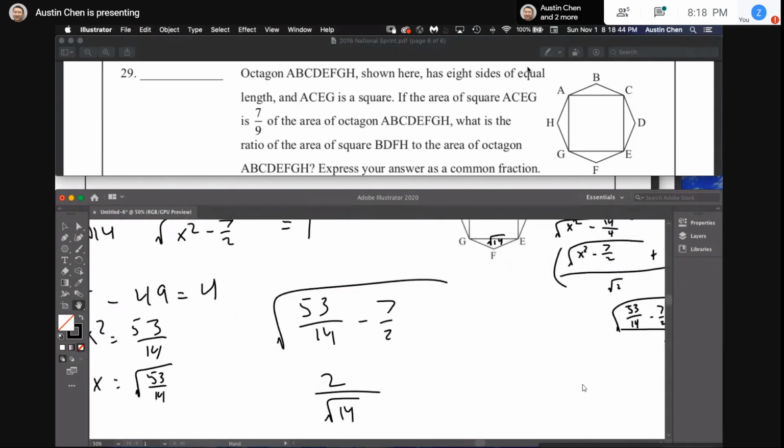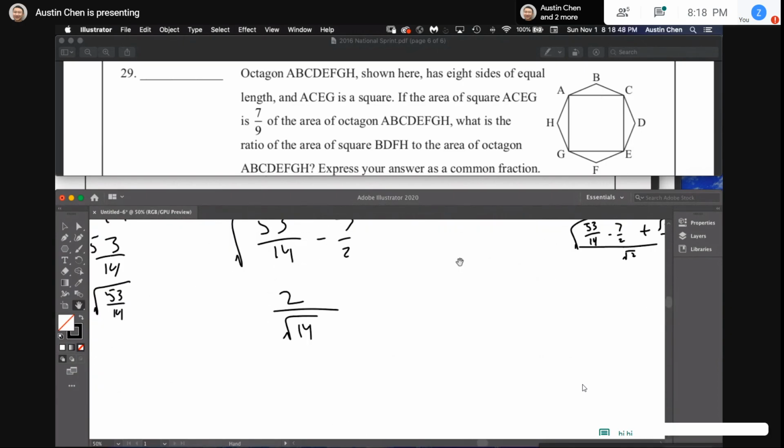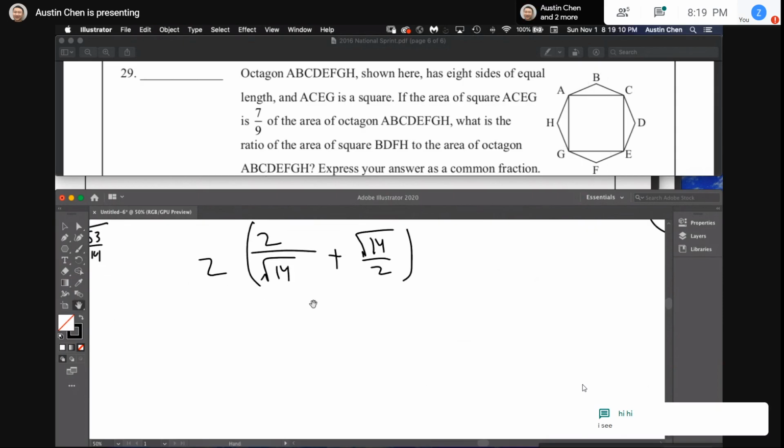Now we know that that length is... Oh, wait, I think I see it now. I used that was the whole diagonal, but I only got half of the diagonal. Okay. So if we add this to that length right there, which is root 14 over 2, and then we double, this will be the diagonal of our BHFD square, right?